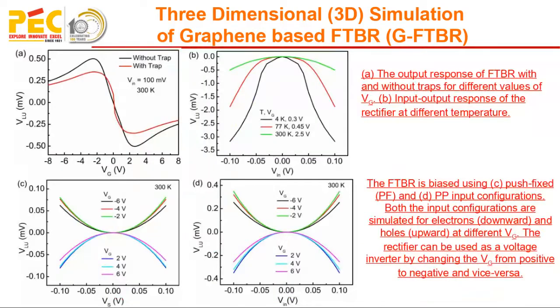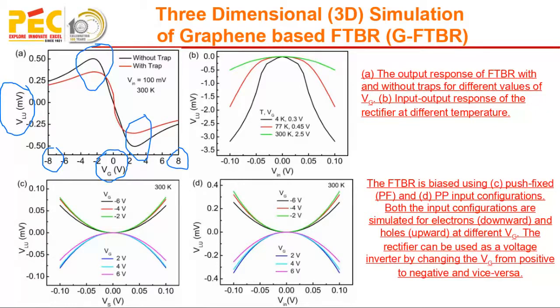So again, continuing with the 3D simulations. The response has been plotted between the output potential difference and the gate potential. So when the gate voltage is varying between -8 and 8 volt, we have noted the output potential between the lower and upper terminal.